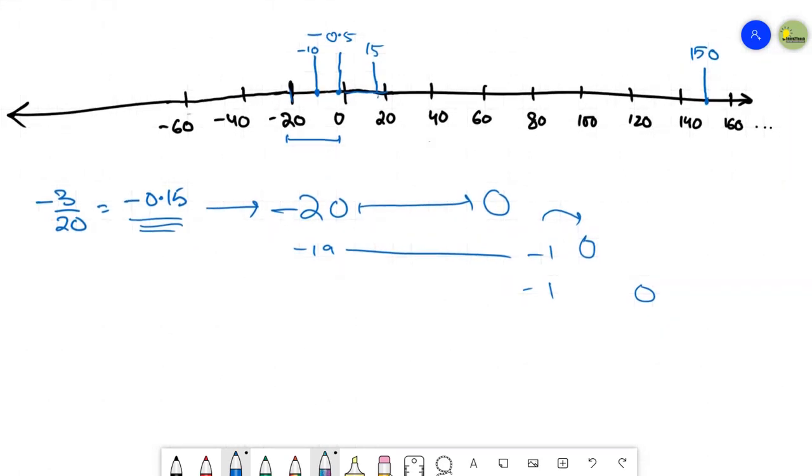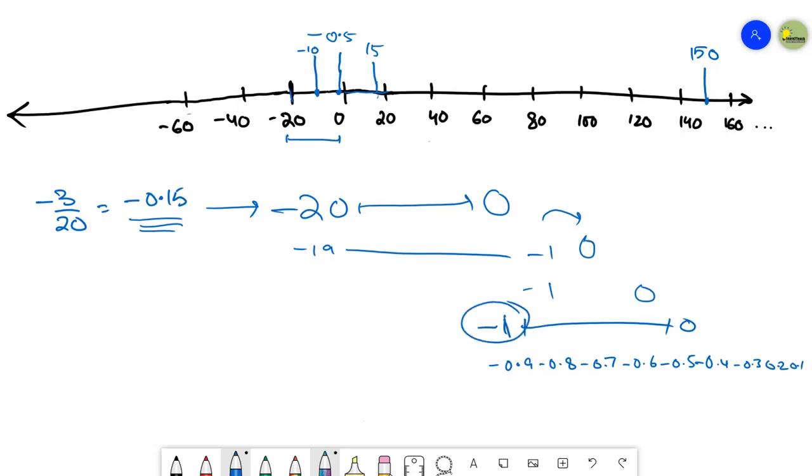If I talk about the values between minus 1 and 0, it will be minus 0.9, minus 0.8, minus 0.7, minus 0.6, minus 0.5, minus 0.4, minus 0.3, minus 0.2, and minus 0.1. These are the values that are going to be in between minus 1 and 0. These all values will be plotted in between minus 1 and 0, right?